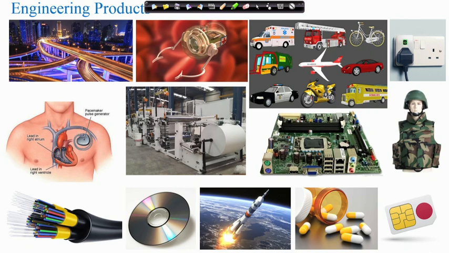For instance, the material that I use for, say, a bridge cannot be used for a nanorobot, or the material used for a bridge cannot be used for a switchboard, or the material used for a switchboard cannot be used for bulletproof jackets, or in the same way the material used for bulletproof jackets cannot be used for the optical fiber. So, every product has its own purpose to serve, and depending on that purpose, these products are made of different materials.